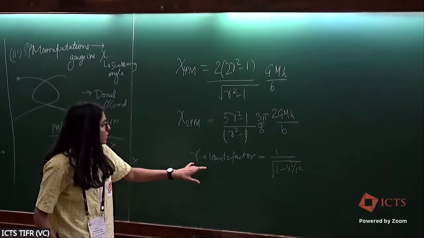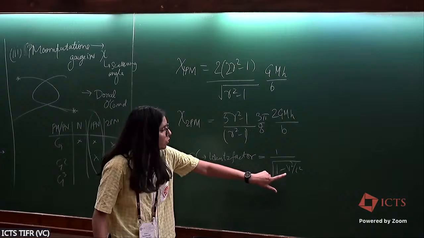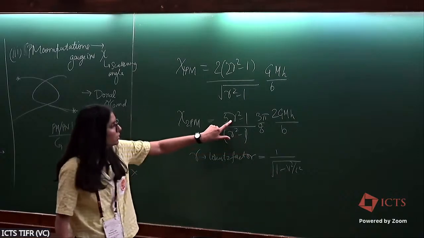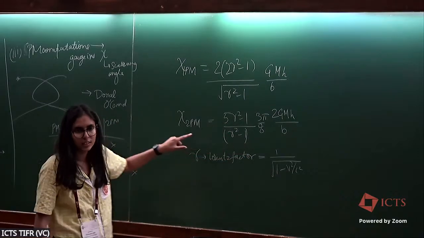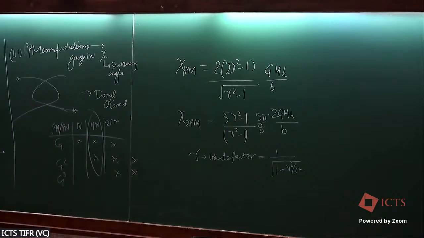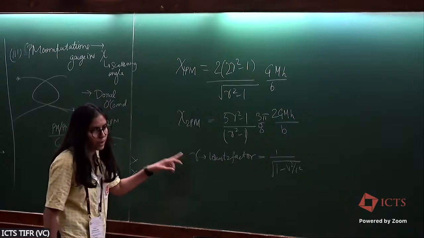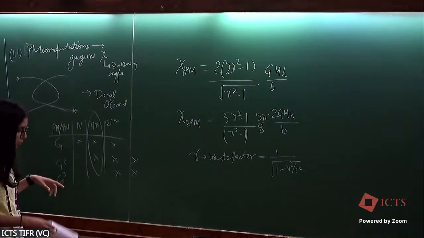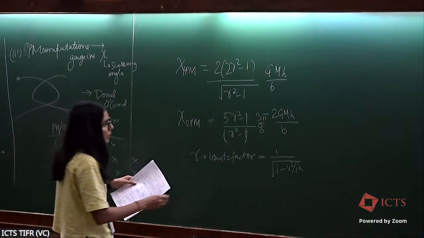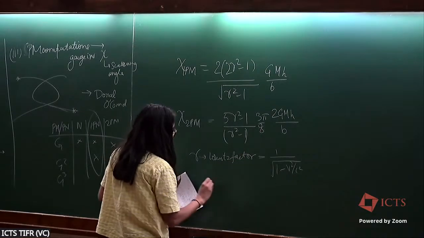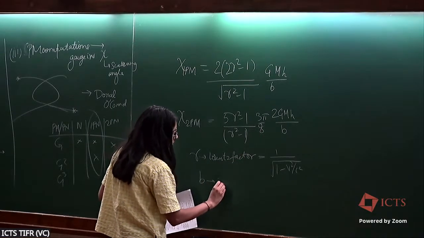So if you want to do the expansion in small velocity, basically you are expanding this Lorentz factor, and hence you will be able to obtain the PN results. And this PN result should match with the PN results we have from the post-Newtonian calculations. And b is the impact parameter.